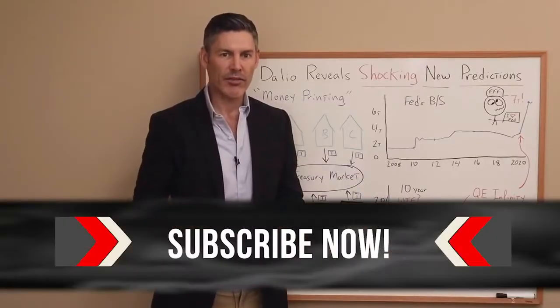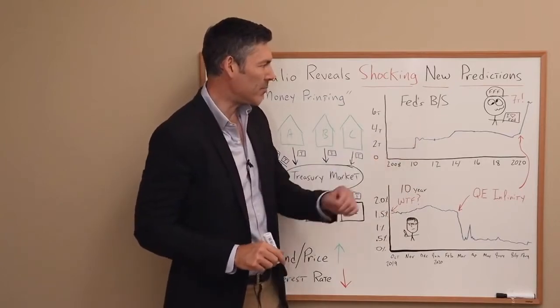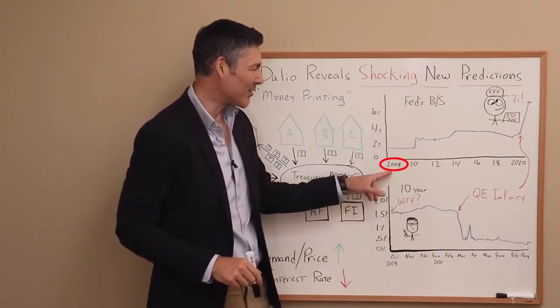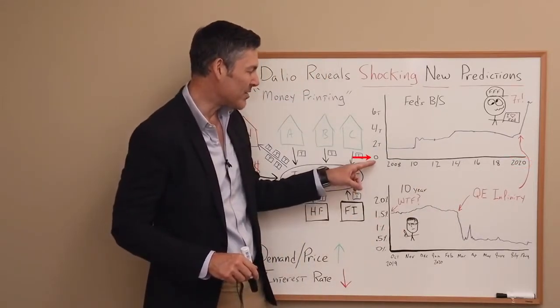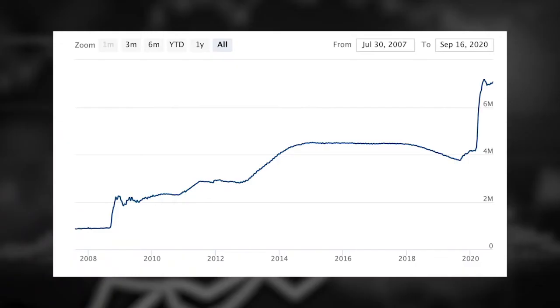Now let's go over some charts that illustrate what Ray was talking about. We start with the Fed's BS, or their balance sheet, going back to 2008 all the way to 2020. On the left, we go from $0 over $6 trillion. So before quantitative easing 1 in the GFC, the Fed's balance sheet was about $800 billion, pretty consistent.